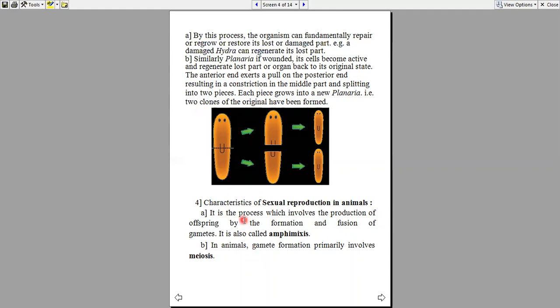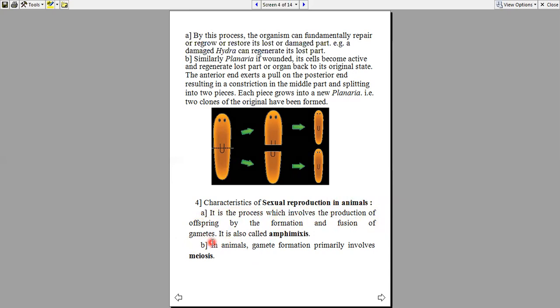Now let us start with sexual reproduction in animals, and our question number 4 is characteristics of sexual reproduction in animals. Sexual reproduction is the process which involves the production of offspring by the formation and fusion of gametes.